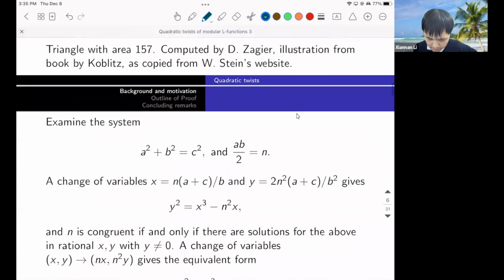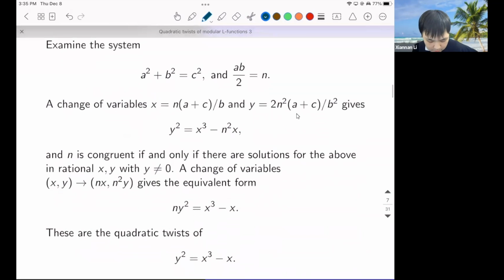The connection to elliptic curves comes from a change of variables, if you like. There's the Pythagorean theorem, the area for a triangle, and then a certain change of variables will lead to this elliptic curve: y^2 = x^3 - n^2 x. And if you analyze this a little bit, you'll see that a number n is congruent if and only if there are solutions to this particular equation in rational x and y with y non-vanishing.